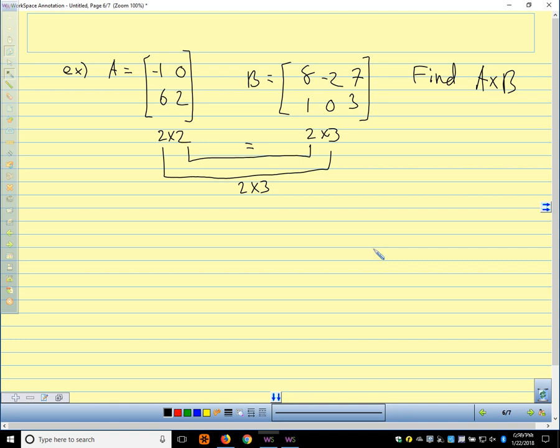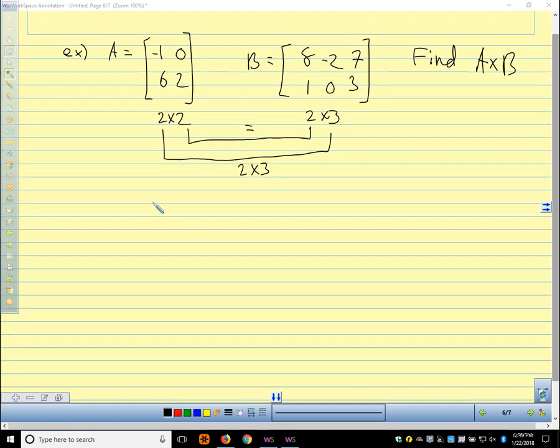So I'm going to write out all the pieces explicitly here so we see exactly how this works. You don't always have to do it this way, but I want to show this example. All right.